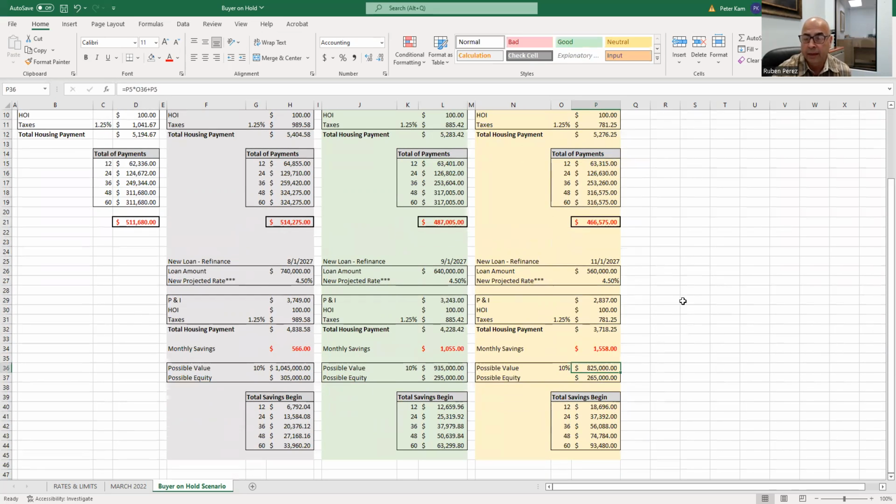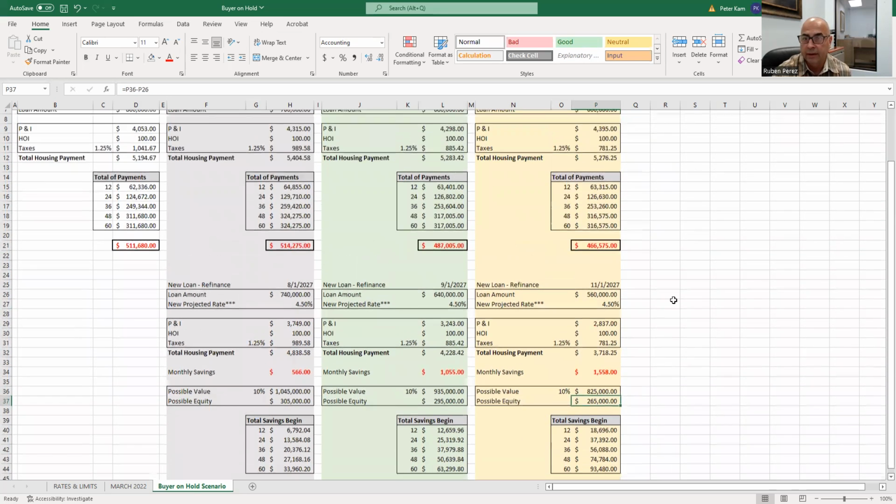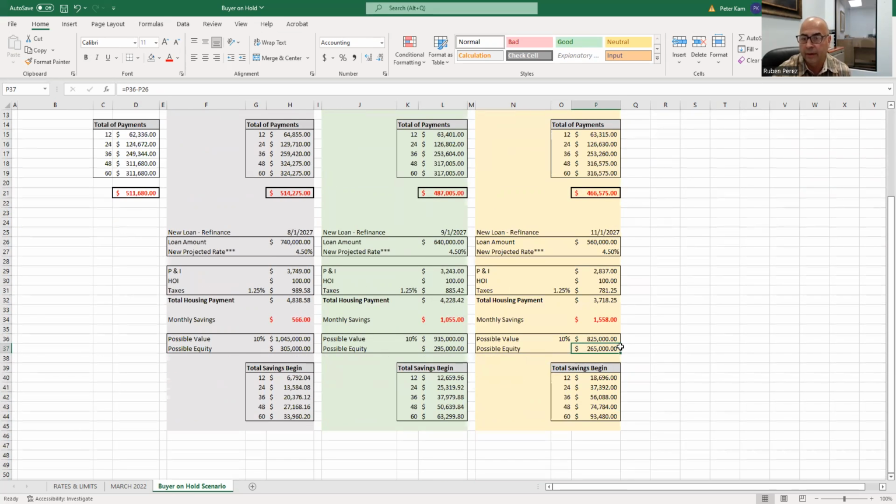Now the value of the home is 825, and their possible equity would be 265. Now, obviously, they put again 150 down, but they still have about 165 in equity that they gained. Versus what? Versus renting and just putting that money into someone else's pocket.